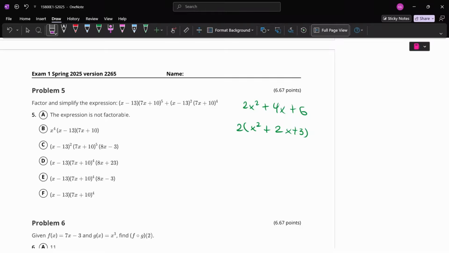With that in mind, since each of these terms has an x minus 13 and a 7x plus 10, we can take an x minus 13 and a 7x plus 10 out. Now let's bring the exponents back into the mix.